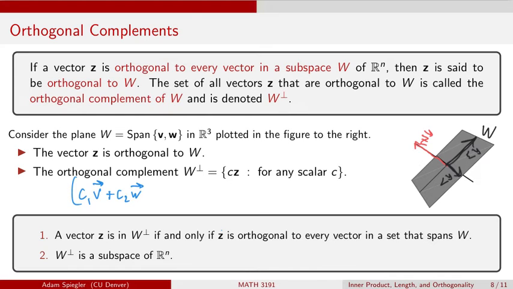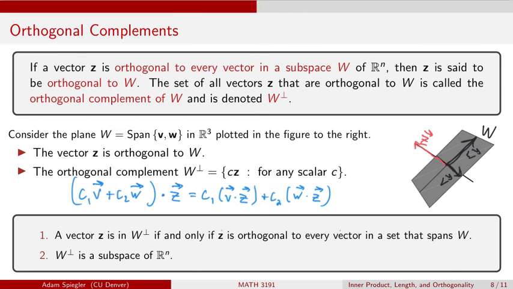And so if I take this vector and dot it with z, as long as z is perpendicular to each of these vectors V and W, then using the properties that we've shown for the inner product, namely we can pull out scalar multiples and we can distribute this inner product, I can write this as c1 times V dotted with z plus c2 times W dotted with z. And so if I know that z is perpendicular to V, then its dot product is 0.